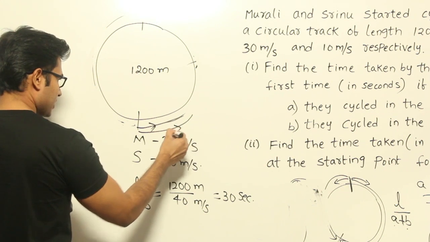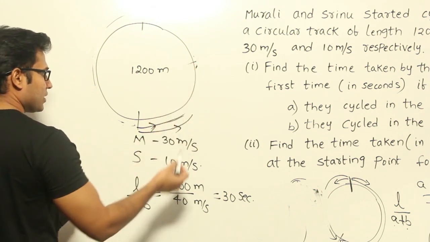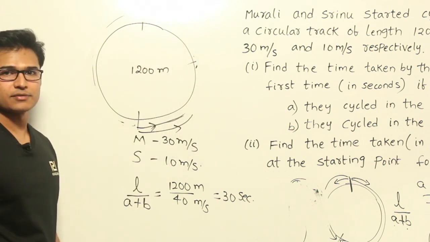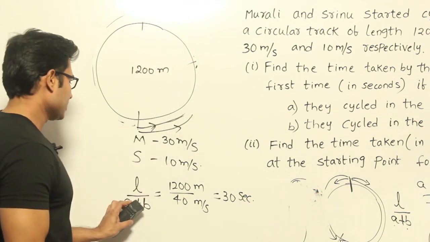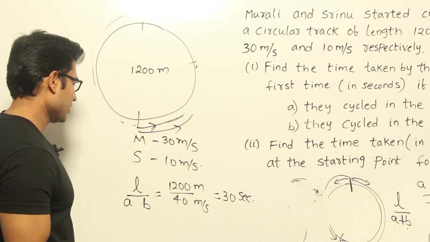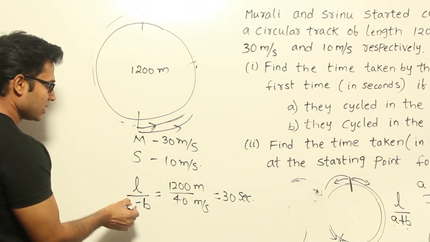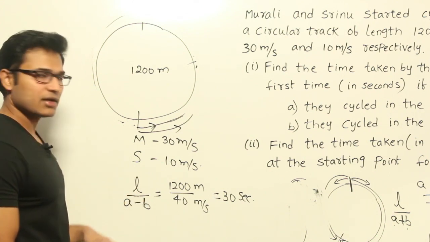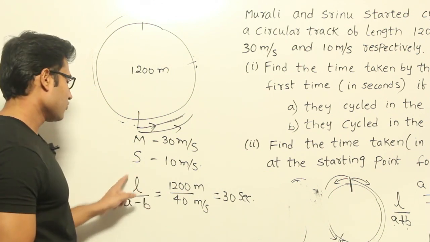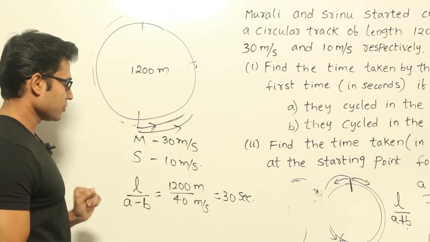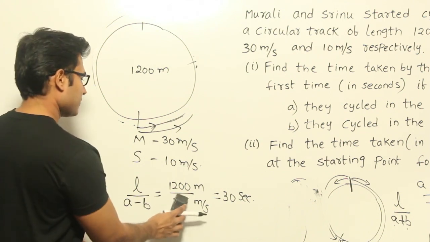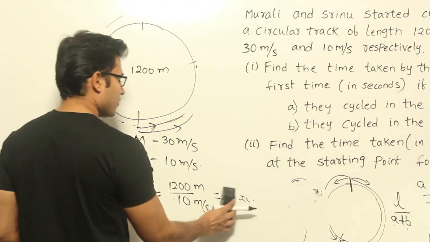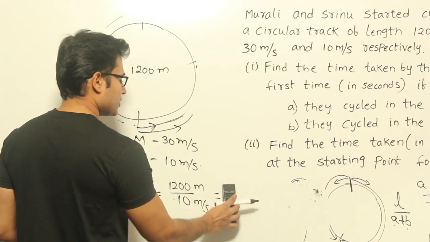Then what would have happened is, one of them might be at some point, and by the time he reaches that point, the other one might have taken one extra round and reached there, right? So in that case, since they are moving in the same direction, as I explained earlier, the relative speed is going to be A minus B, and with that relative speed they will have a difference of exactly one cycle, and therefore the length L has to be covered with this relative speed.